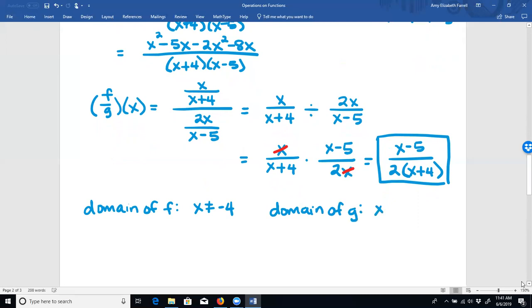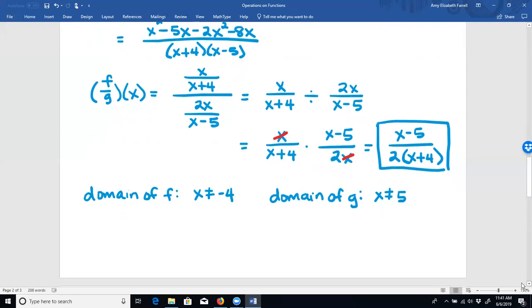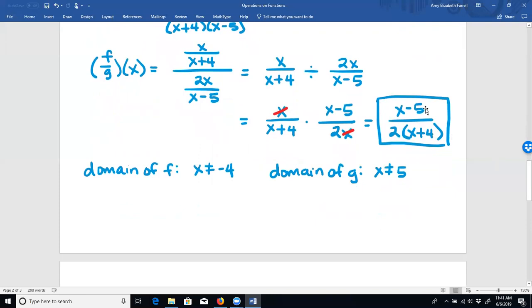For g, x cannot be 5. But there is an additional number that we want to exclude from the domain of f divided by g. If you look at your final simplified answer, you're not going to get the correct domain. You're going to miss out. It kind of looks like x just cannot be negative 4, but there's more to it than that.